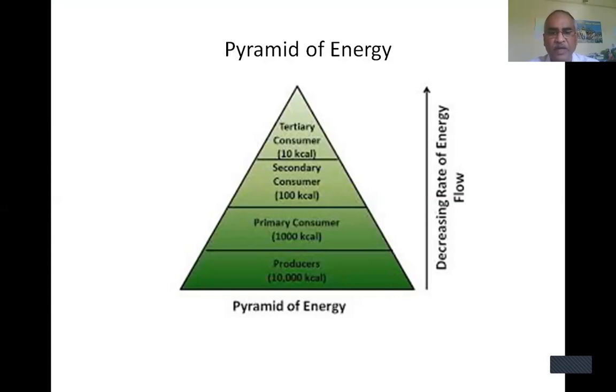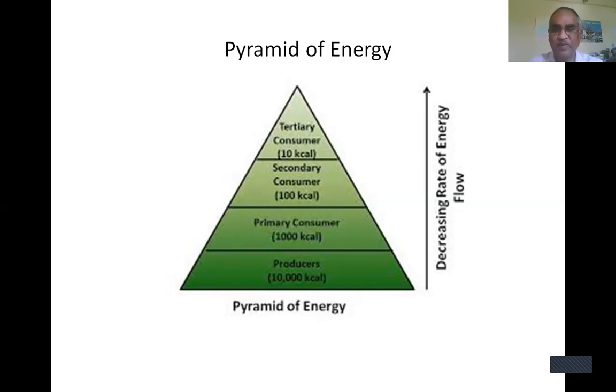So metabolic processes take that much amount of energy, and only 10% of it is reaching the primary consumer, and then from there another 10% would be reaching the secondary consumer, and from there again another 10% would be reaching the tertiary consumer. And at every stage, you could see that 90% of energy loss is taking place.